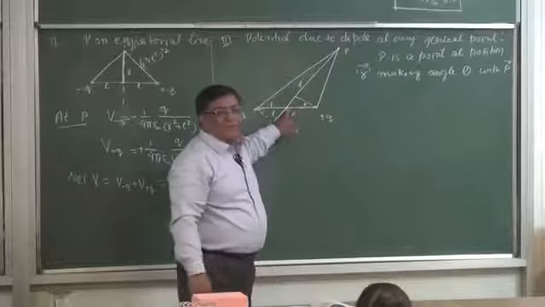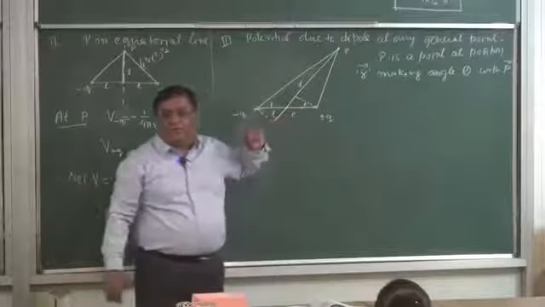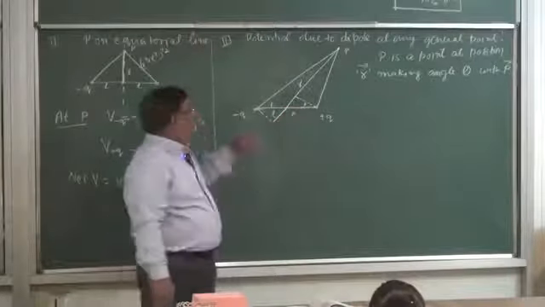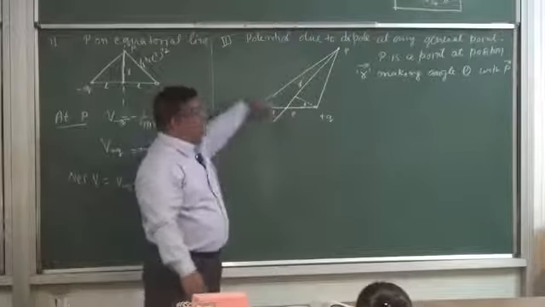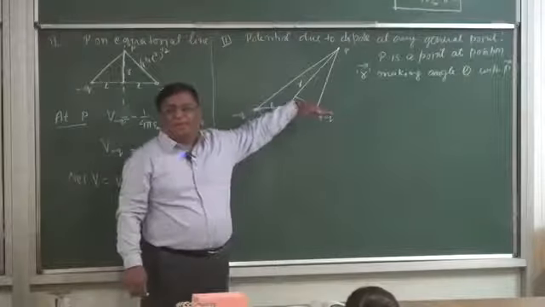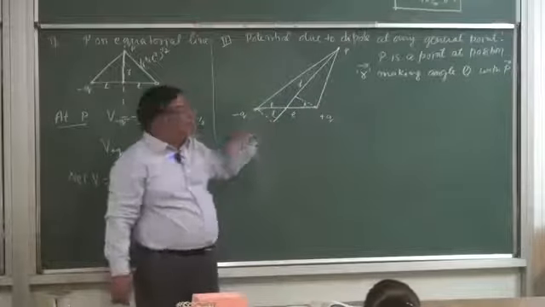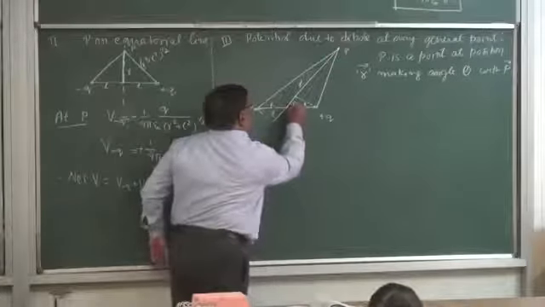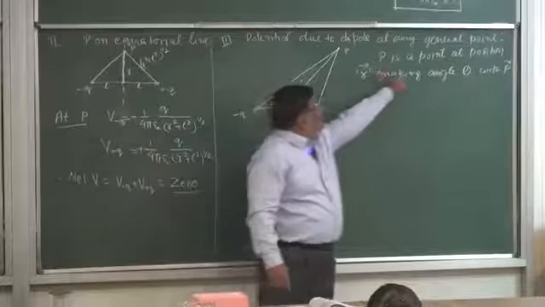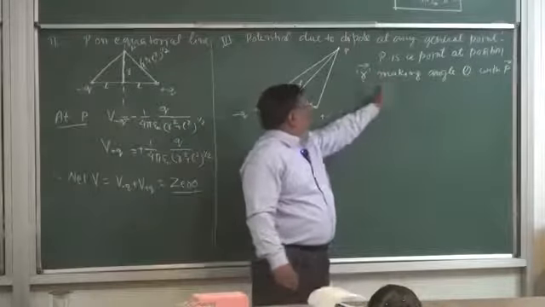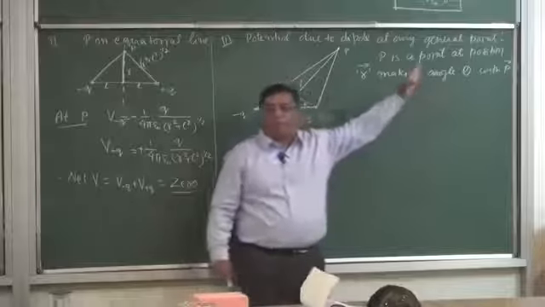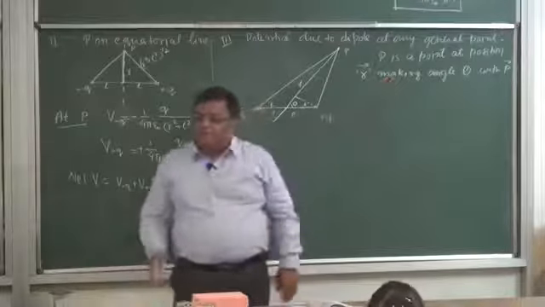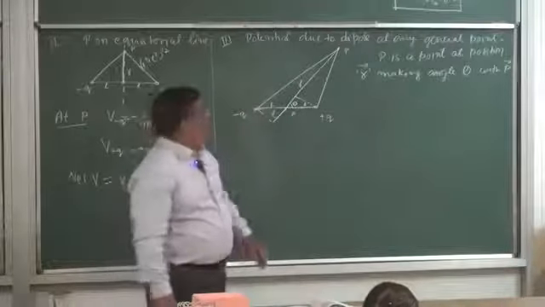What is the direction of P? Vector, dipole moment. Answer from minus to plus. This is the direction of P. What is the direction of position vector R? This. Angle between the two, theta. P is a point at position vector R making angle theta with dipole moment vector P. Is this situation clear? Okay.